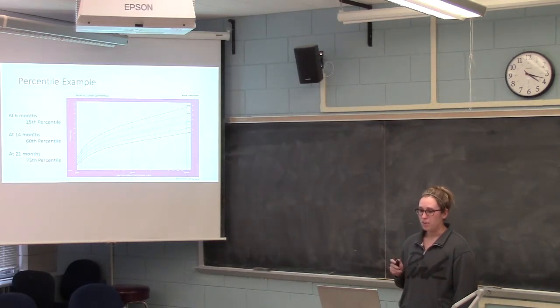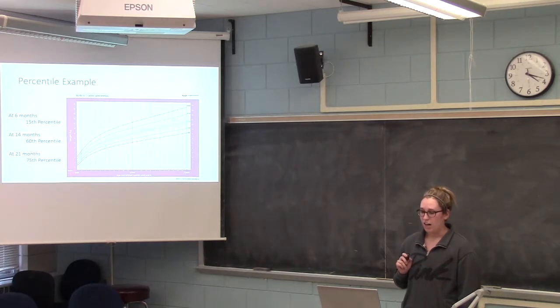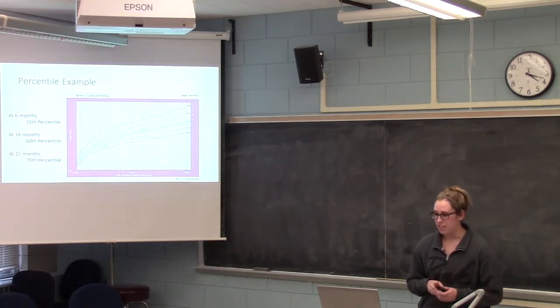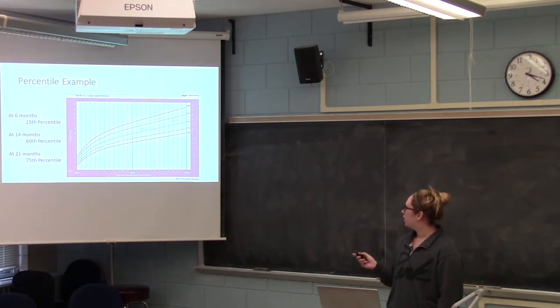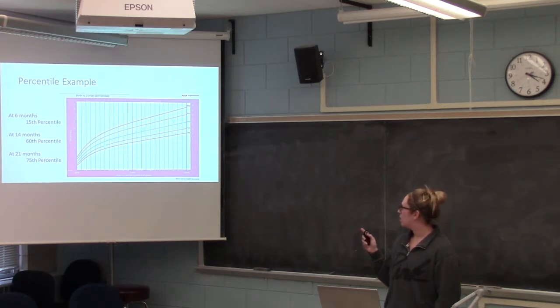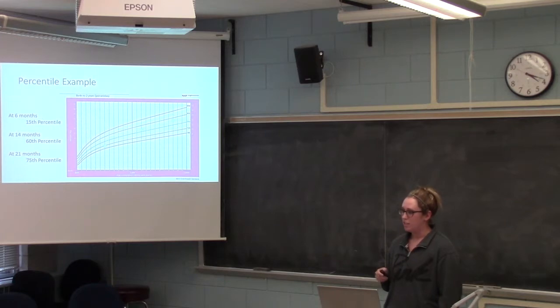And for example, the first kind of turquoise dot, you can say at 6 months, this child is in the 15th percentile if you just follow the points on the graph. If you say that it weighs 6 kilograms, or a little over 6 kilograms, go over, and then 6 months old, you can see that she is in the 15th percentile, and you can do the same thing for the other 2 points.